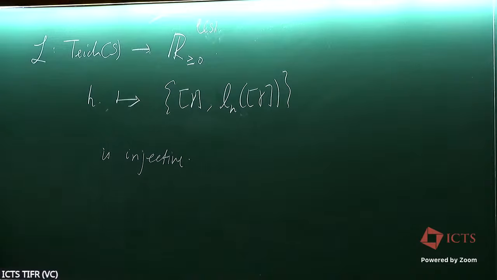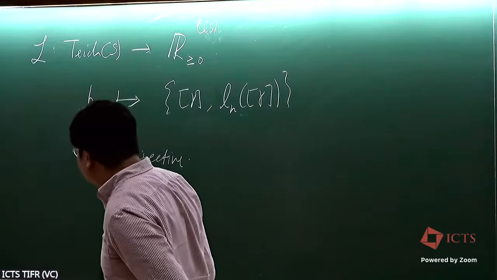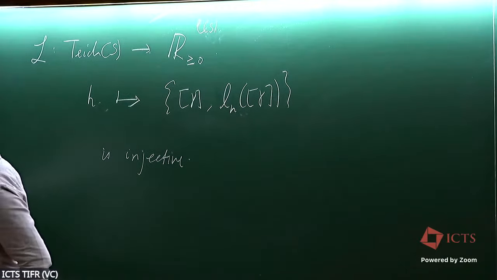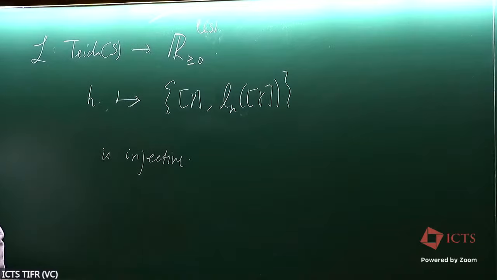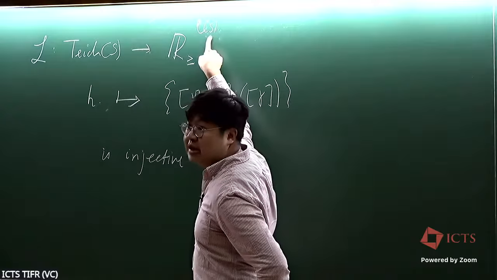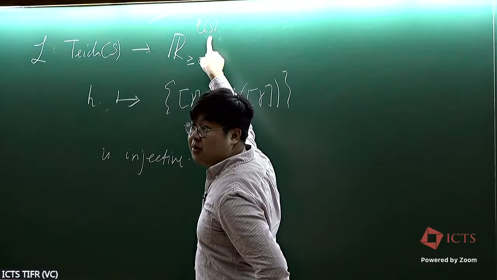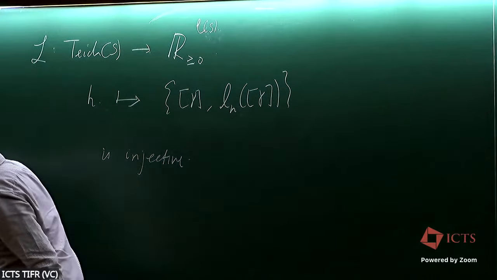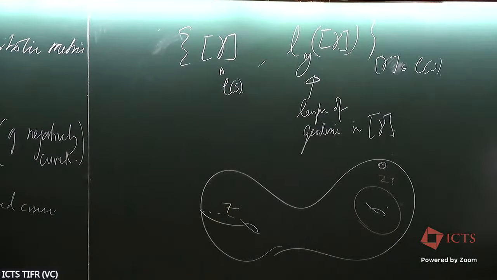So you have this infinitesimal data of the inner product, and this is all captured by this very coarse data of saying this red curve has length 23, this yellow curve has length 7, and so on. I mean, of course, this is a countable set. It's an infinite set, so there's a lot of information, but this is still coarse. It's not capturing the infinitesimal data of a Riemannian metric over here. Okay, so that's kind of the first part.